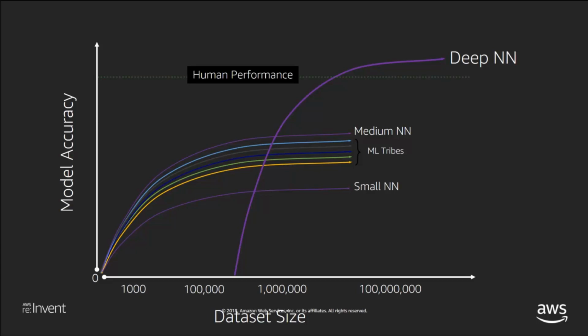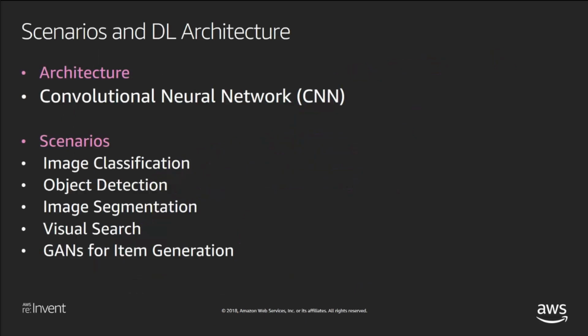So as we looked at these traditional methods versus deep learning models, we suddenly realized that by increasing the amount of data by an order of magnitude, we're suddenly able to have these deep learning models perform far better than humans can possibly do.